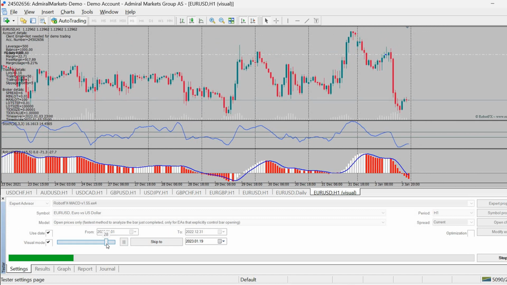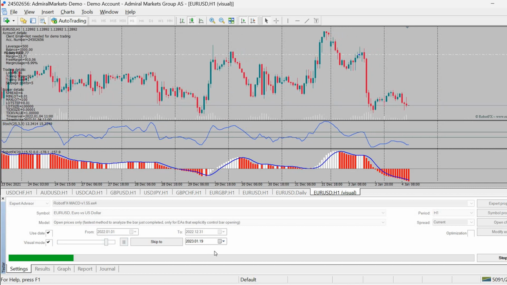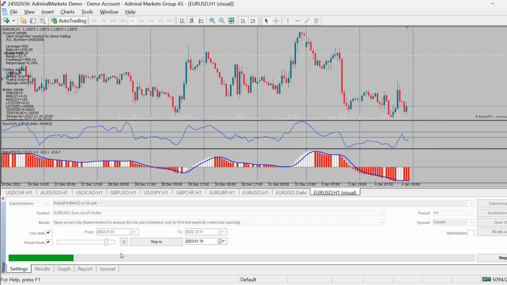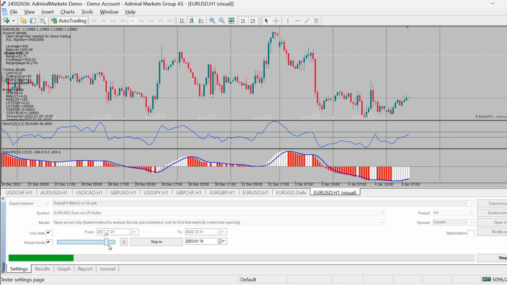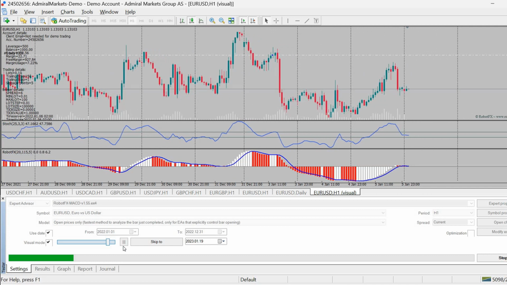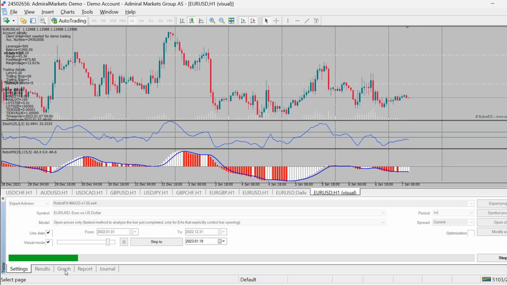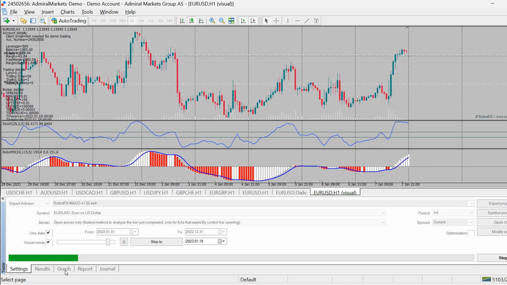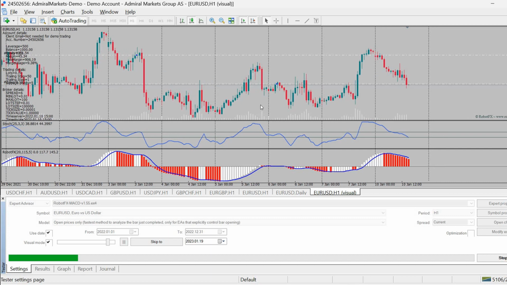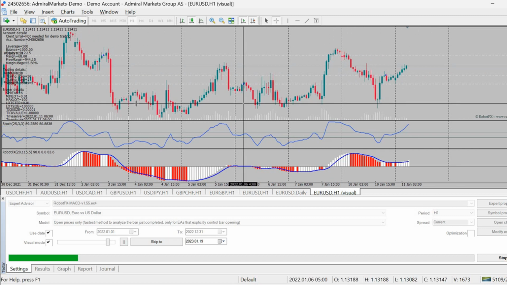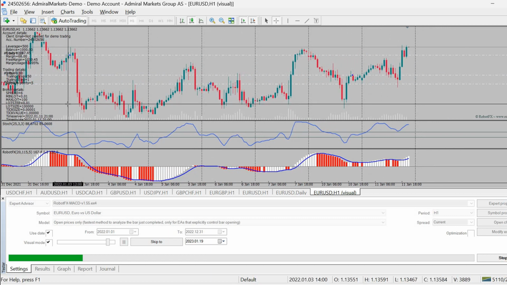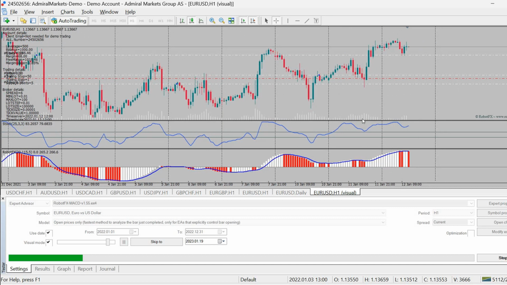Let me increase the speed a little so that you can see how the Expert Advisor moves, how it opens its trades. And feel free to pause the video if this is too fast or too slow.